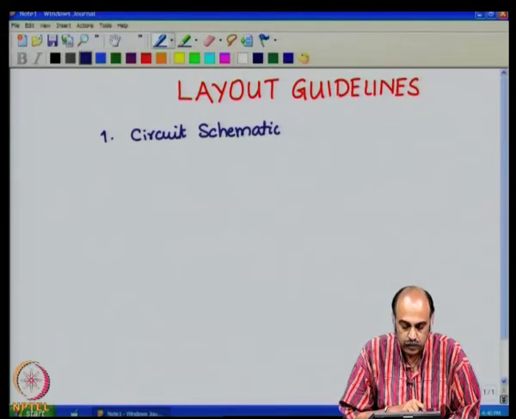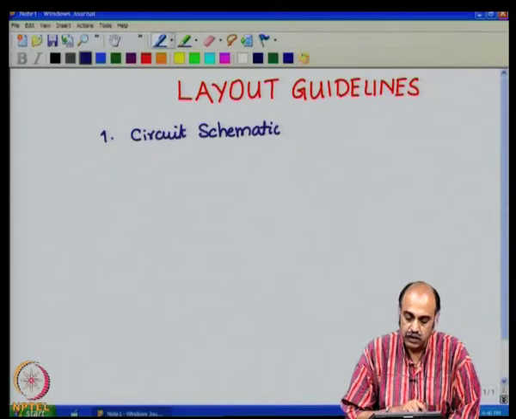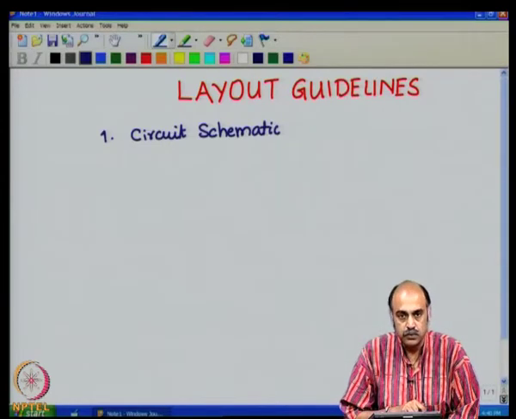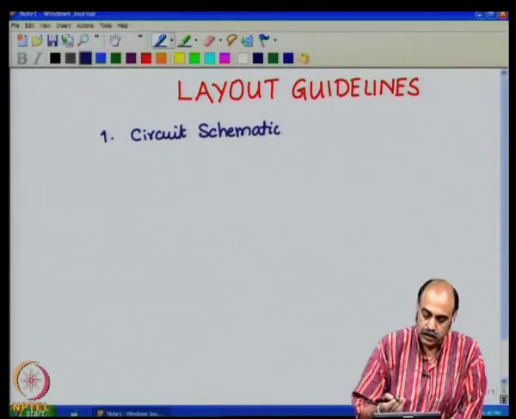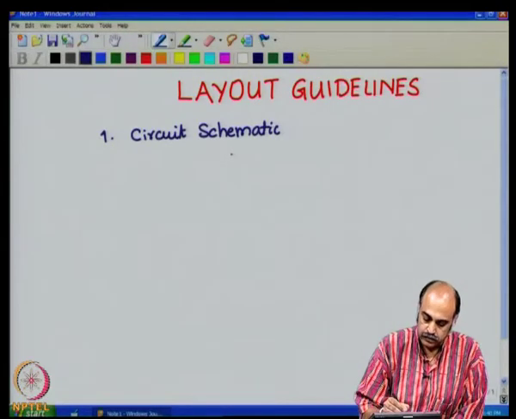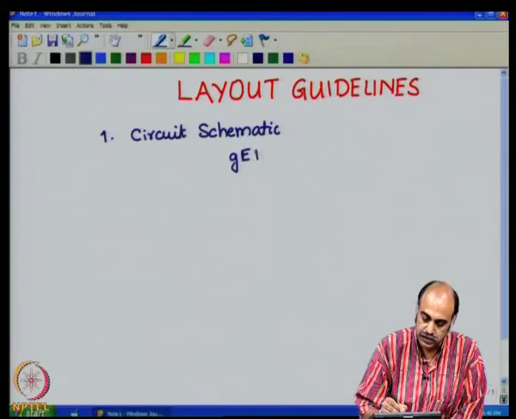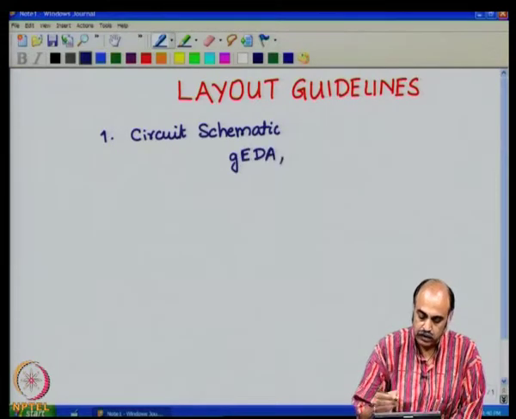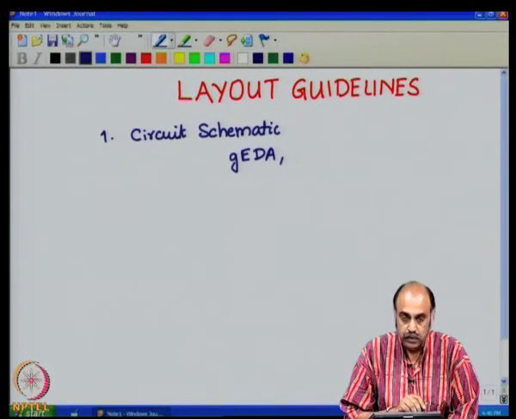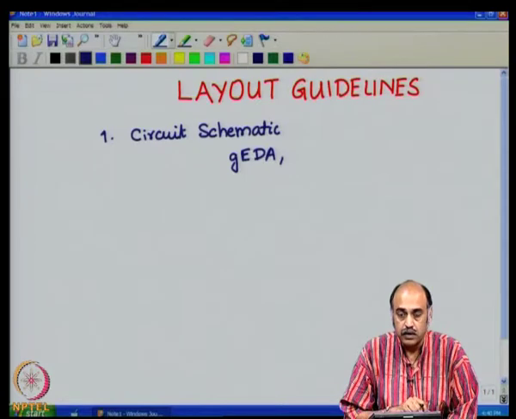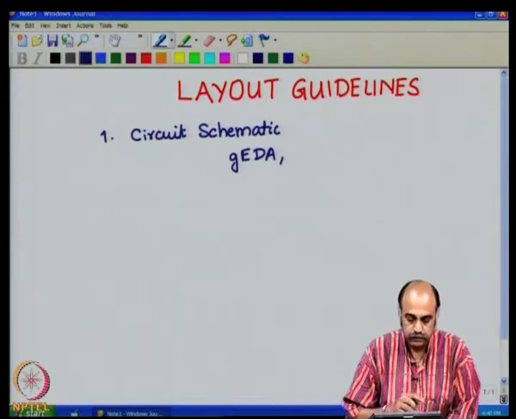printed wiring board. Now, the schematic is normally entered through a schematic entry package, like one of them would be gEDA, open source EDA. You have OrCAD, Cadence tools and many other tools which can be used for taking in the schematic.